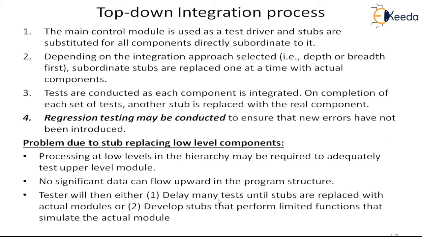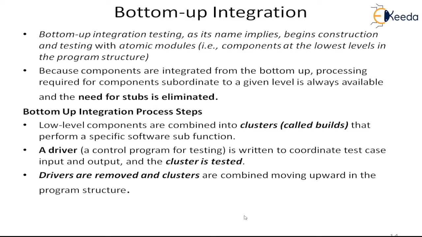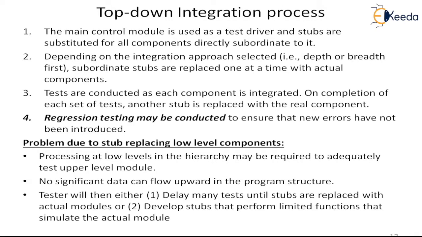So the tester has two options: either he delays, that means he doesn't do the integration until all stubs are replaced. So that means he does a very long path together, or he cannot do it incrementally, but he will do it like a cluster or something. Or he will develop stubs that perform limited functions. So he will have to again create more stubs. So that is why top-down integration, because it has all these problems, is normally not liked.